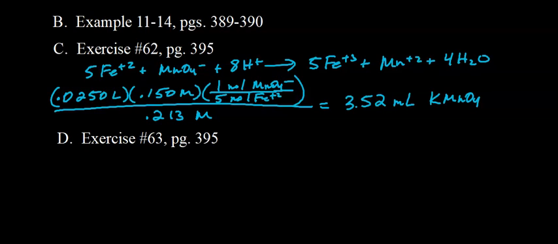So again, it's 3.52 milliliters of permanganate, but there's a 1-to-1 ratio. I didn't include that conversion factor here, but you could put 1 mole KMnO4 over 1 mole MnO4 minus. That comes from the balanced dissociation equation for potassium permanganate. It's a 1-to-1 ratio, so 3.52 milliliters of potassium permanganate.